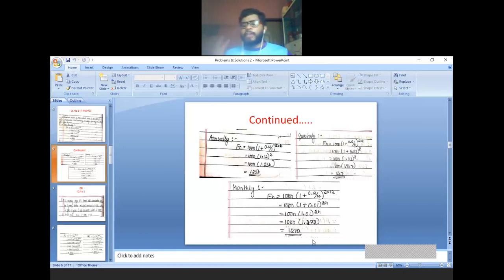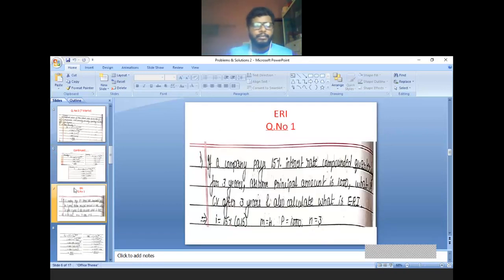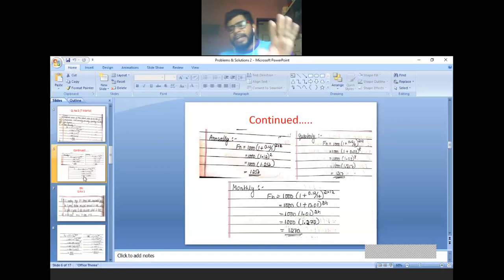Because of compounding technique, you will get more value, that is 1270. Annually, once in a year they are calculating interest means they will get less amount, that is 1254. Quarterly means 1267, more amount you will get. So that is the interpretation part. So this is regarding the multiple period of compounding.